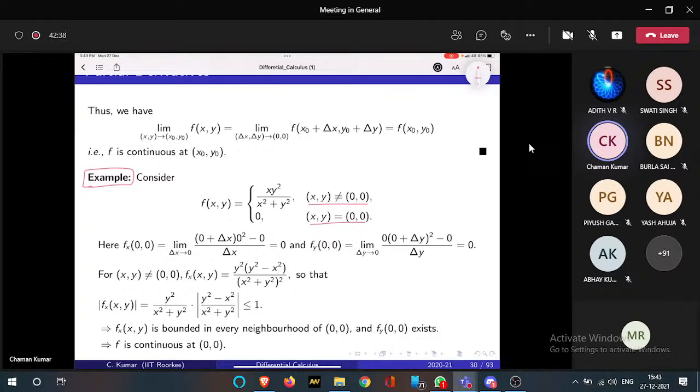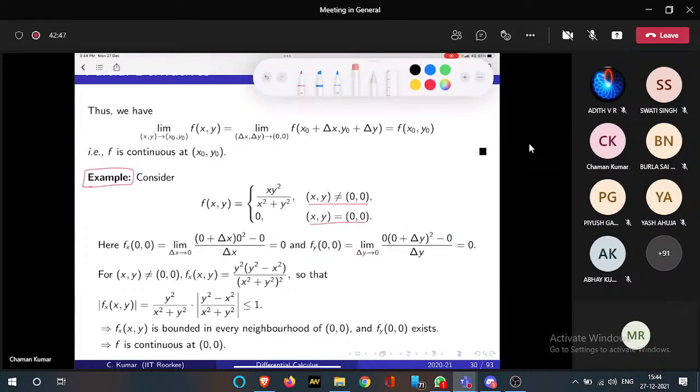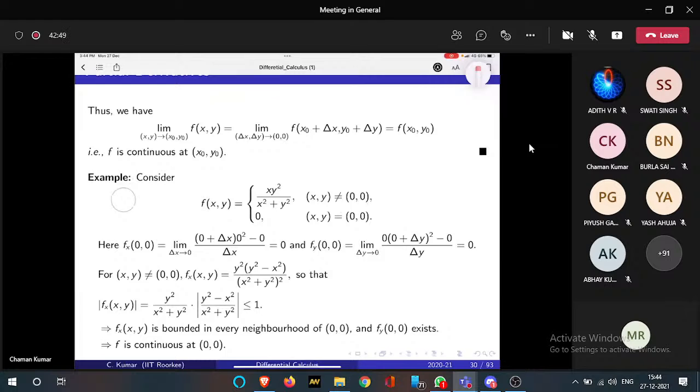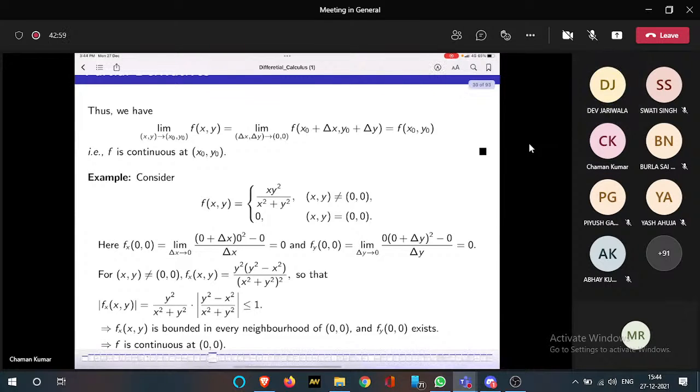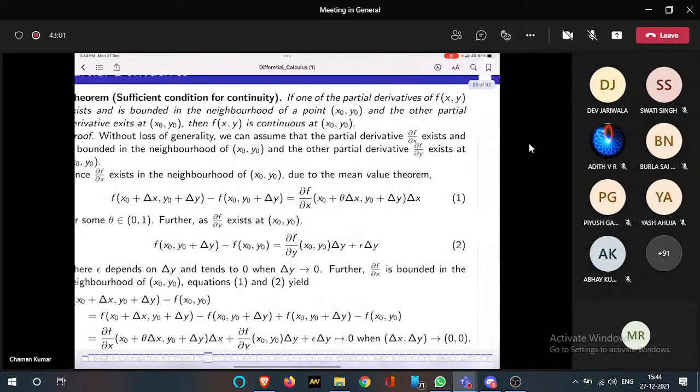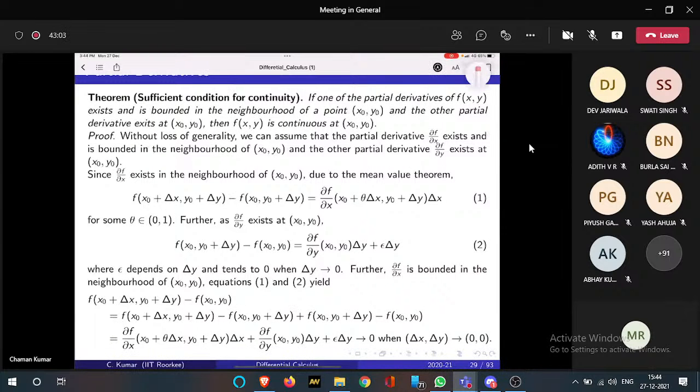Any question? Sir, in that proof, if one of them exists in the neighborhood, then we have not checked all the parts for continuity. The neighborhood comes from this: it is bounded in the neighborhood of the point.